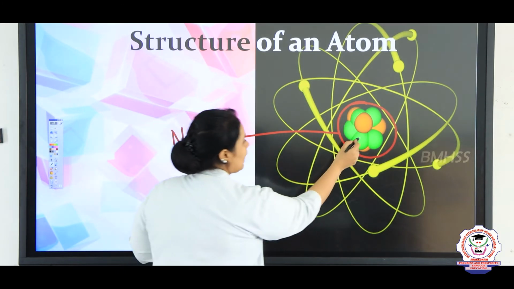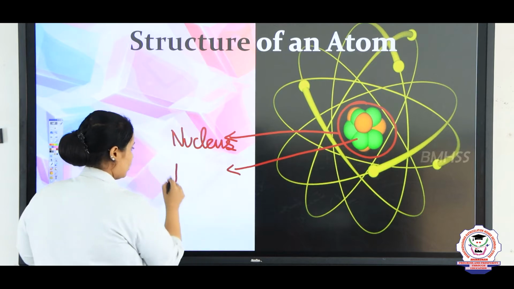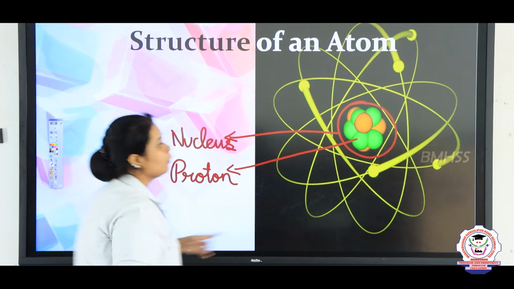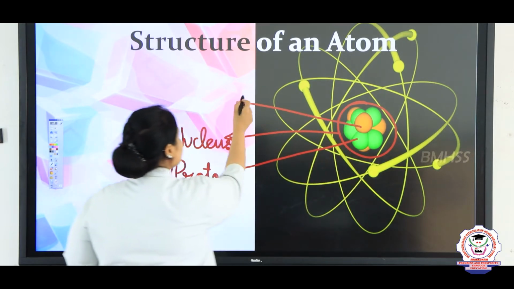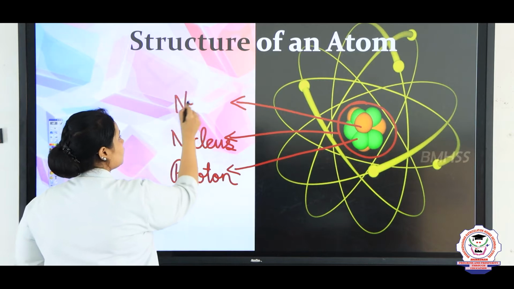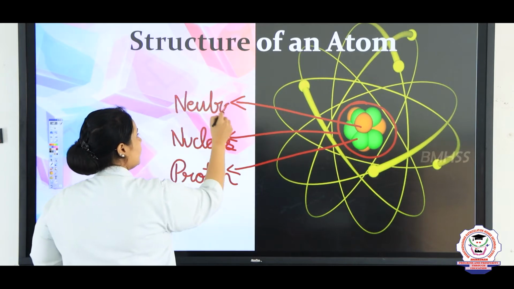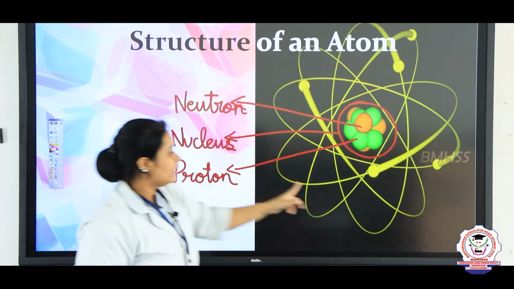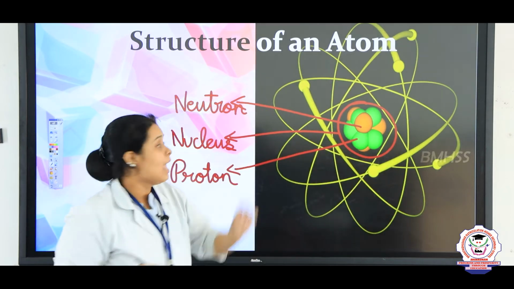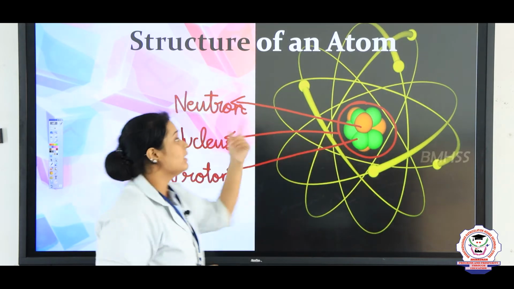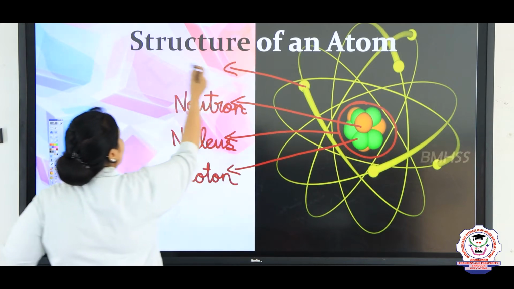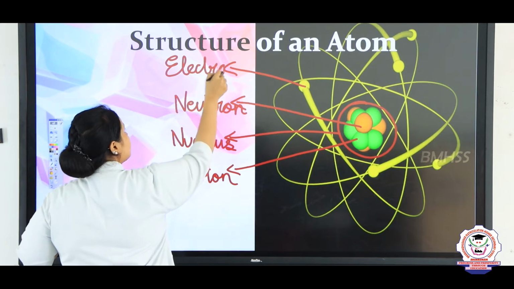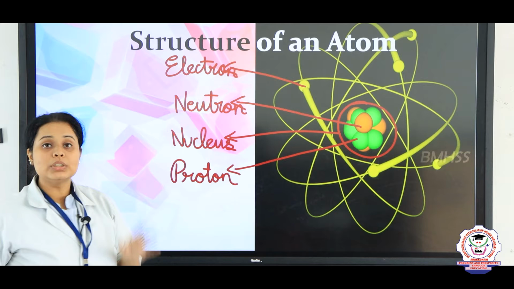Here we can take the green one as proton and the remaining, which is orangish in color, as neutron. The small balls rotating outside along these lines, which are known as the orbits, are called electrons. So this is the structure of an atom.